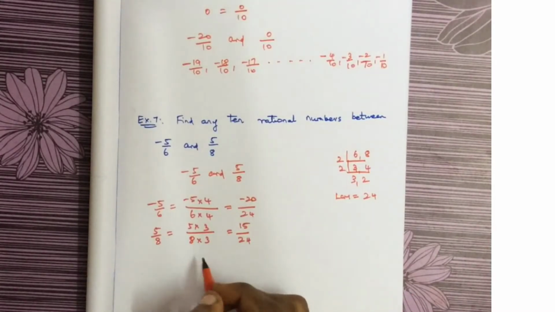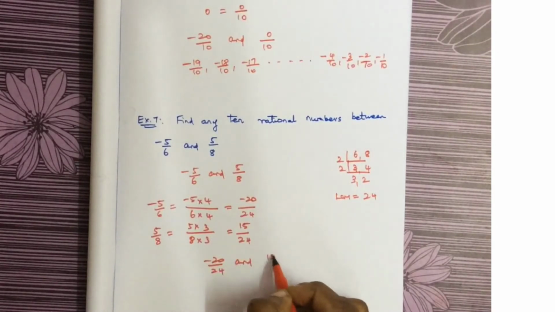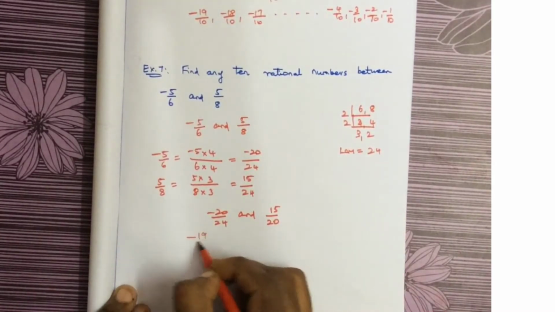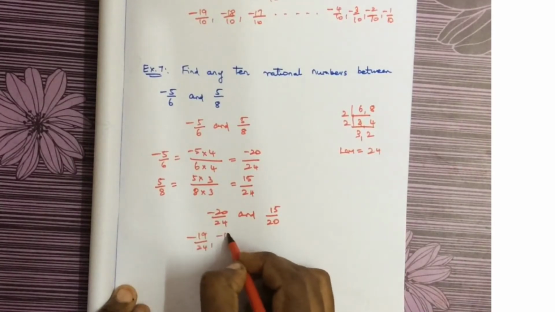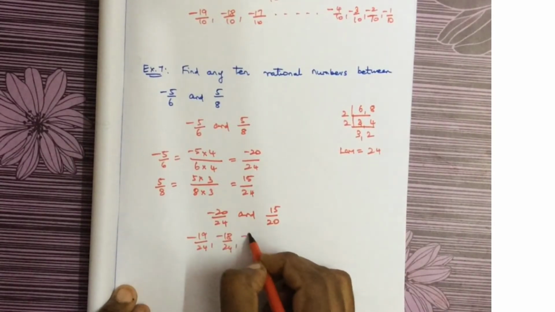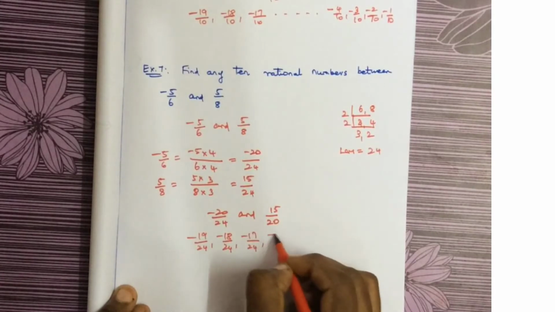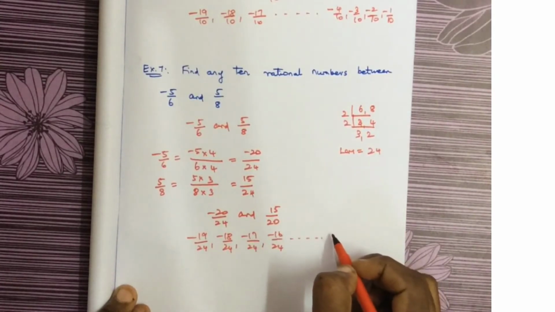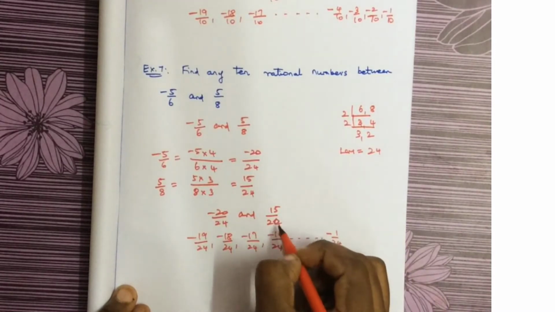So you have to find any 10 rational numbers between minus 20 by 24 and 15 by 24. So what you can write is minus 19 by 24, minus 18 by 24, minus 17 by 24, minus 16 by 24. It will go on extending and in some way it will come to minus 1 by 24.